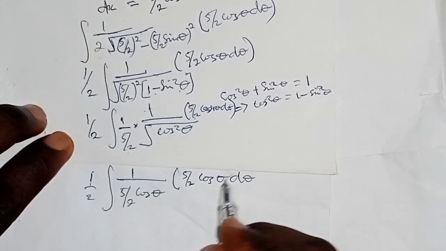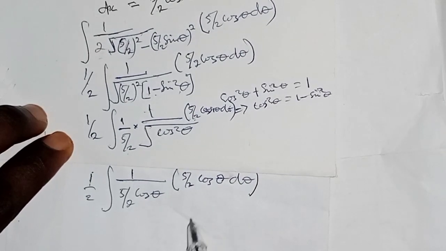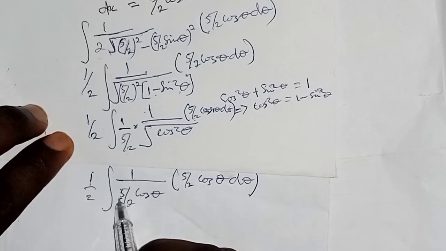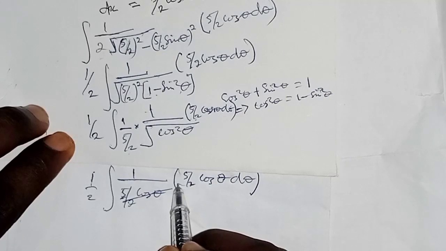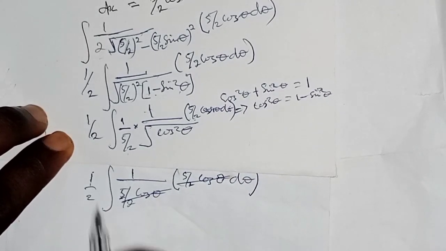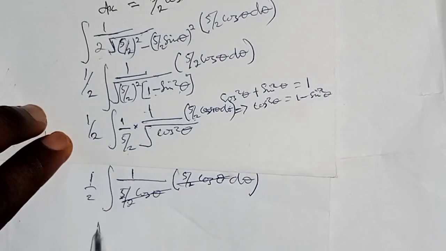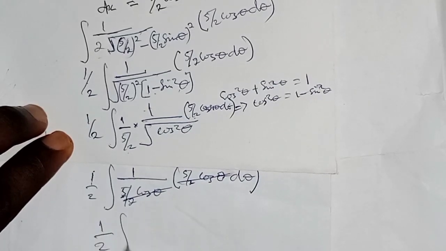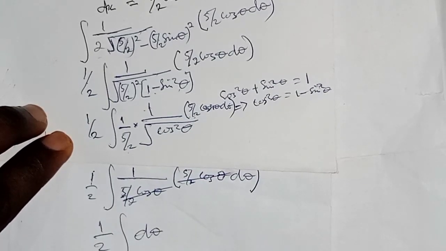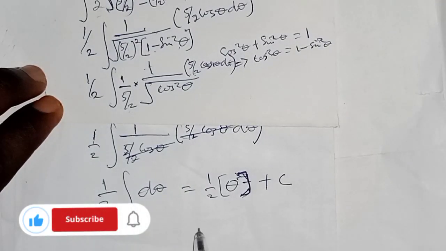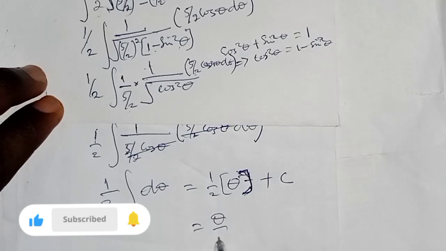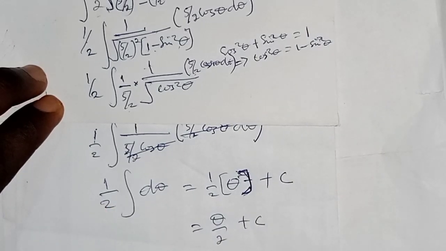Now this 5 over 2 cos theta can cancel this 5 over 2 cos theta, and what I'm going to have is 1 over 2 integral d theta. If you integrate this, you have 1 over 2 theta plus c, which is equal to theta divided by 2 plus c, the constant.